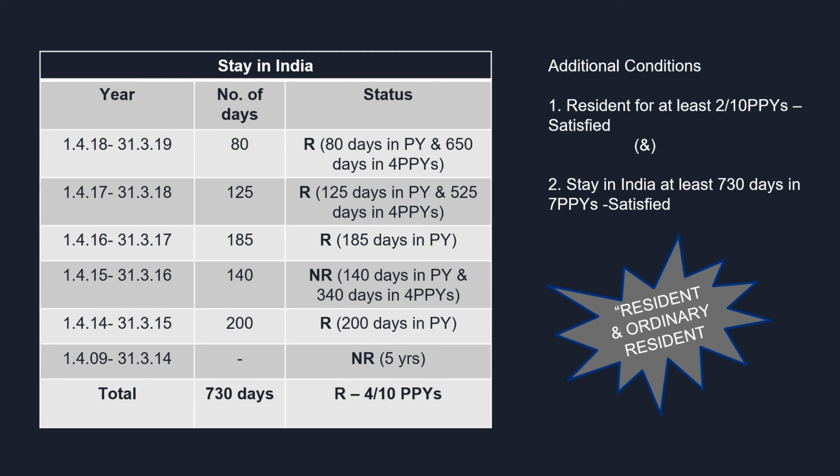So, which means he has satisfied the second additional condition also. So from the previous slides, we understand if a person satisfies both the additional conditions, then he becomes a resident and ordinary resident.